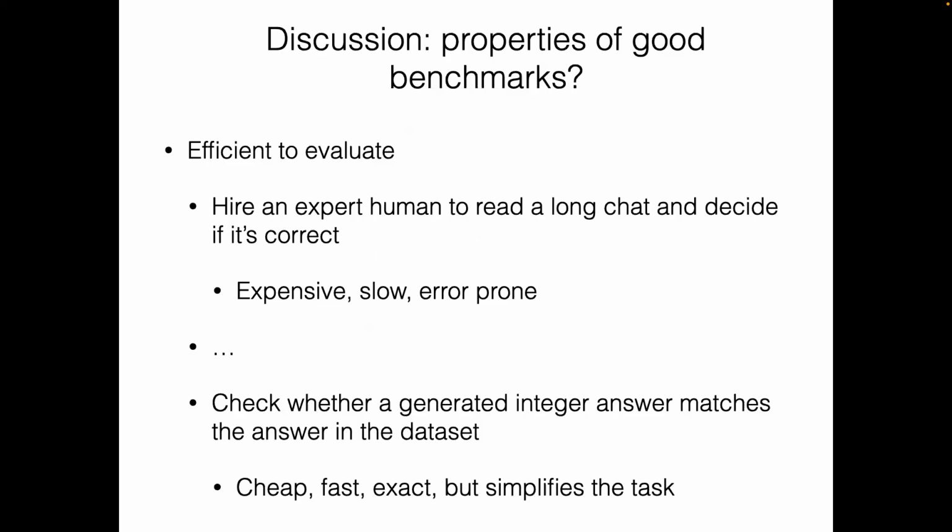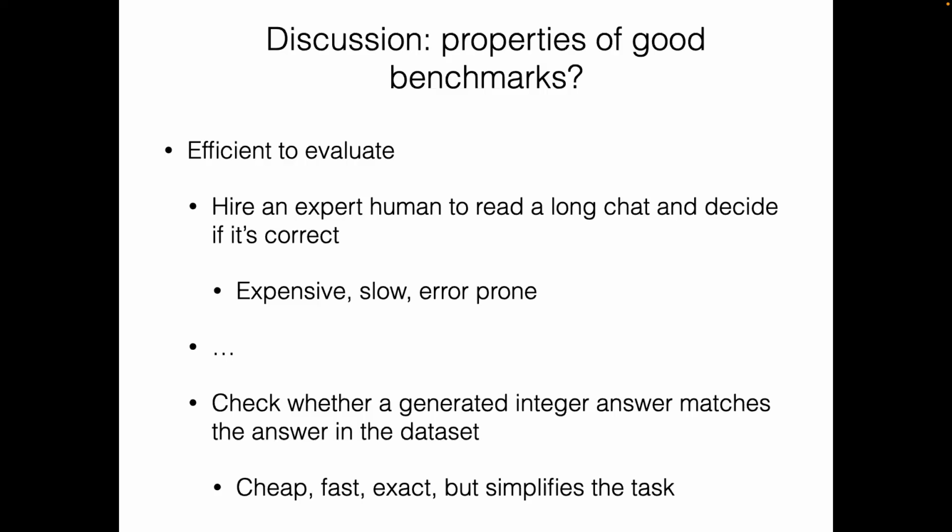Another property you want to keep in mind is efficiency of evaluation. Efficiency can mean a few different things, so let me give two different examples. Let's say your benchmark requires hiring some expert to read a long chat and decide whether it's good or not, and maybe come up with a detailed review of the chat.